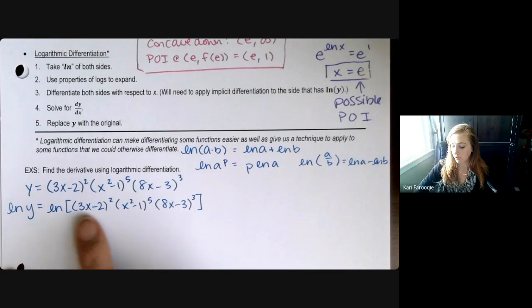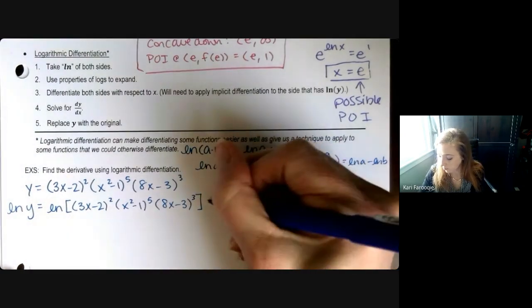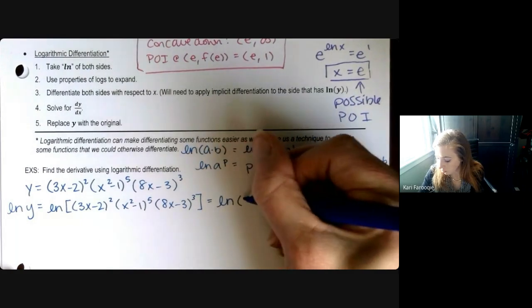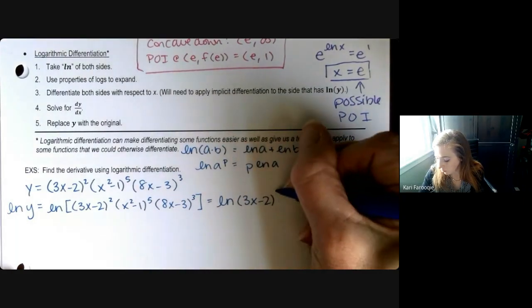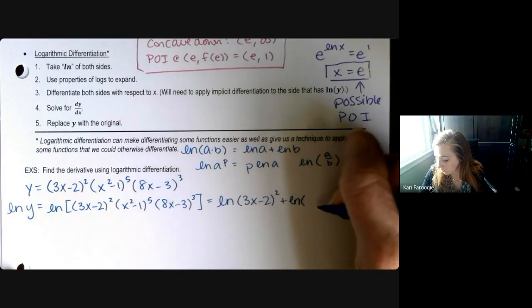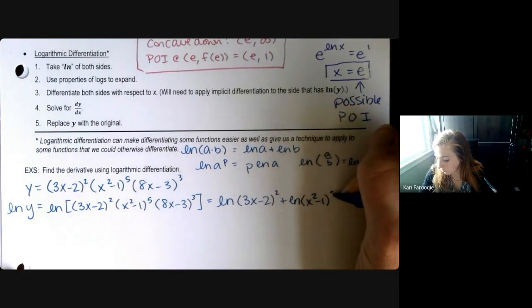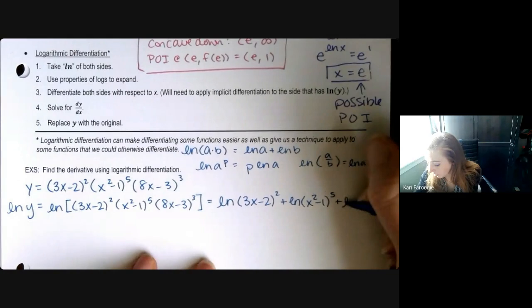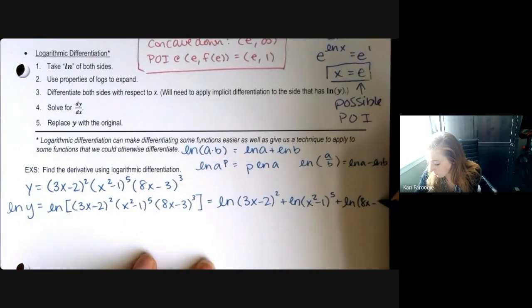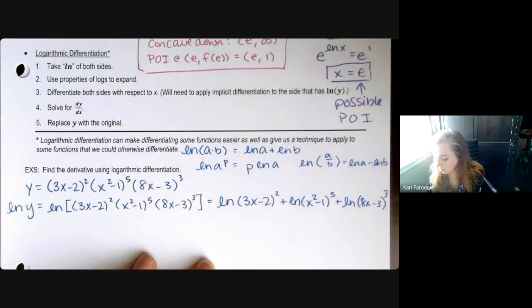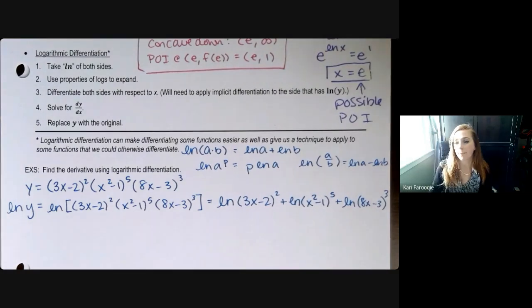So I'm taking the log of a product and splitting it up into the sum of 3 logs. So this is going to be the natural log of 3x minus 2 squared plus the natural log of x squared minus 1 to the 5th plus the natural log of 8x minus 3 cubed. Okay, now don't forget, on the left-hand side, you still have the natural log of y.